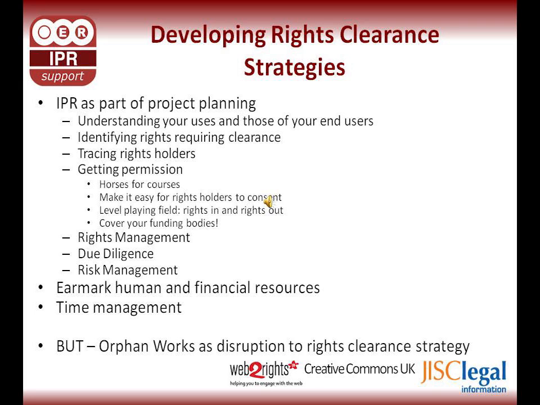If you do need to seek permission from third parties, make sure that you tailor-make your requests according to your audience. Explain what your project is, talk about the benefits, get people on board, make it easy for them to agree, make it easy for them to give consent by either enclosing a stamped addressed envelope if you're sending a request by letter, or maybe send a request by email.